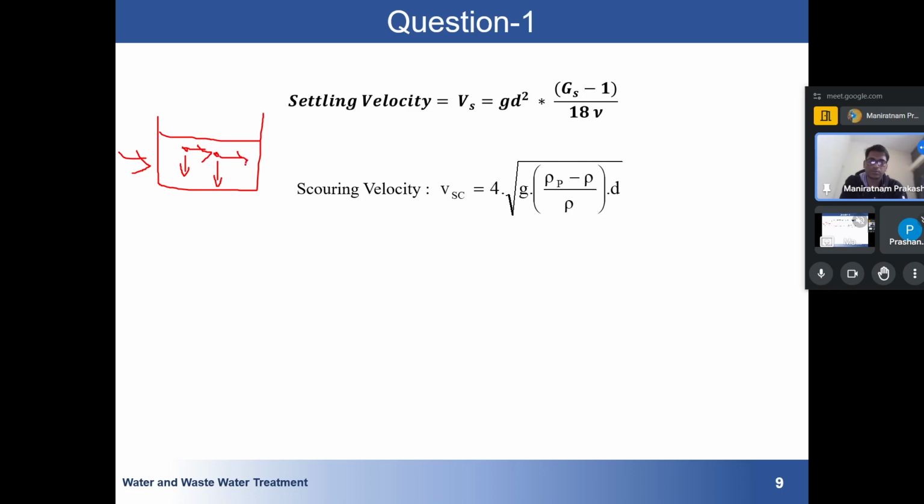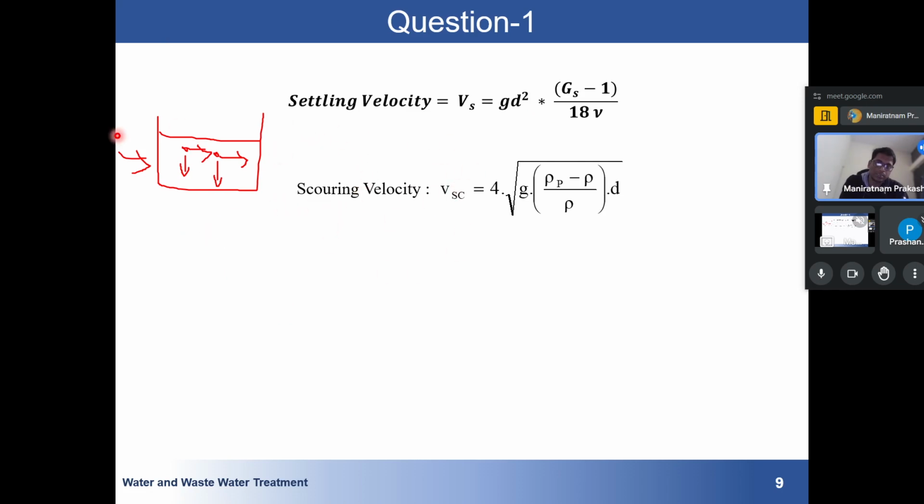This is referred to as the settling velocity and this is known as the scouring velocity, meaning the rate at which the particle goes in the horizontal direction. That velocity is defined as the scouring velocity, and it is given by the square root of 8 times g times (Gs minus 1) times the diameter of the particle.